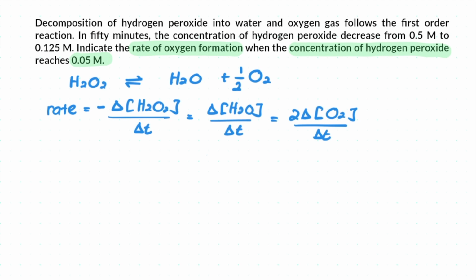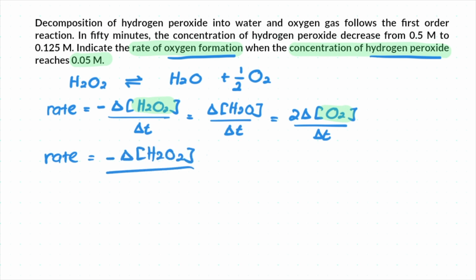Now you are going to compare between the oxygen formation and also hydrogen peroxide. So we are just going to look at this and oxygen. Therefore, we can write the rate is equivalent to negative delta H2O2 over delta t is equivalent to 2 delta O2 over delta t.